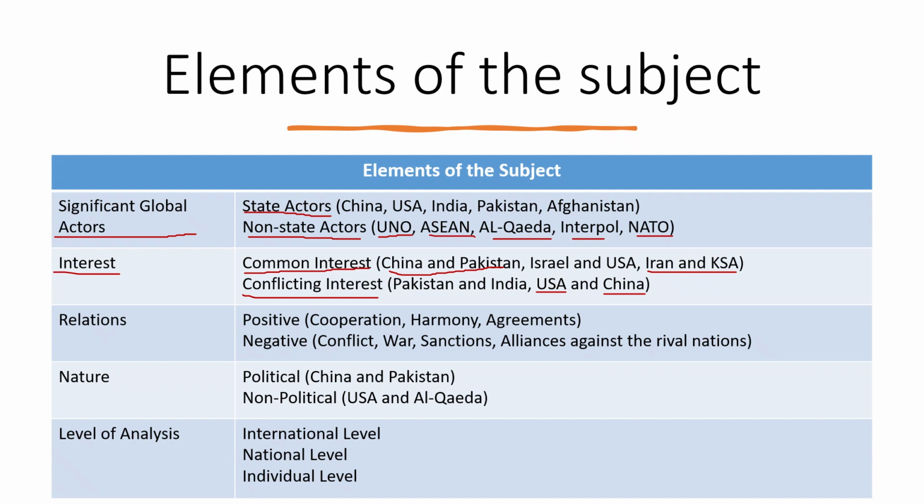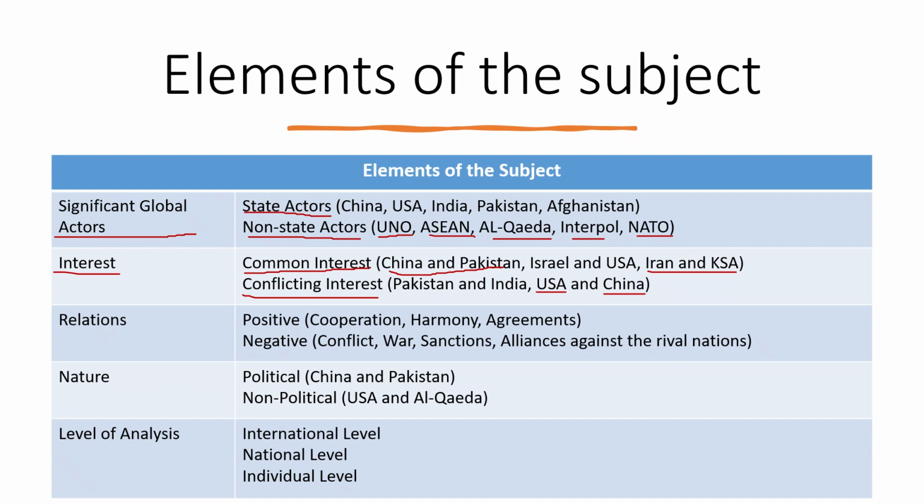They make relations on the basis of interest because they do have some common interest or conflicting interest. So this is the basis of relations. China and Pakistan have some common interest, so they create positive relations. And USA and China have conflicting interests, so these two countries make negative relations.